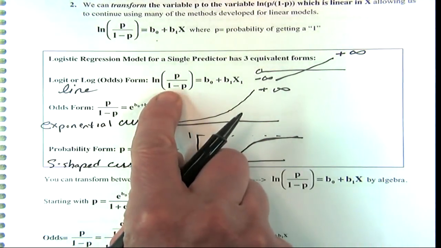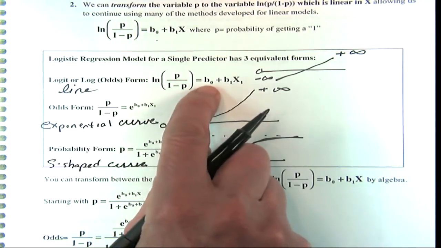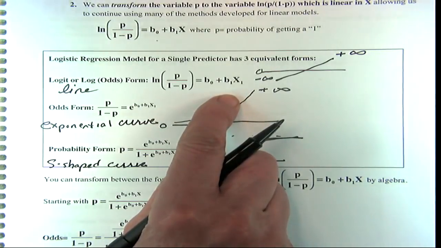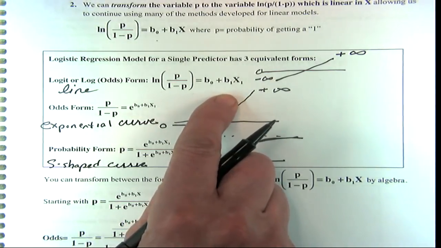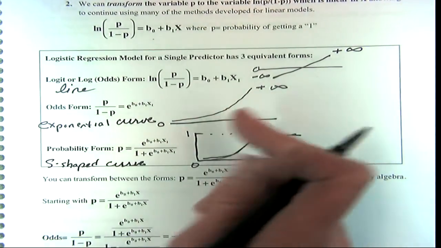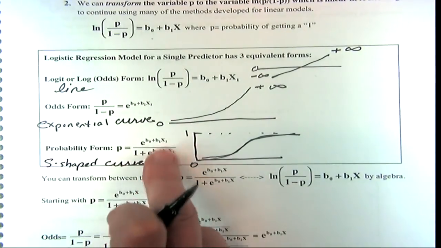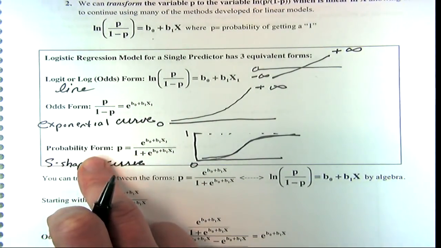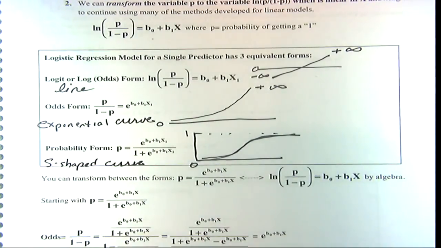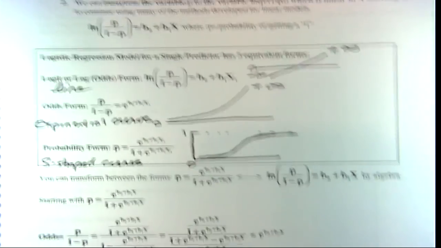So we're going to get estimates for our parameters here using a similar method we do for linear regression. And then we're going to work back and forth between these forms and use those to get a good predictive equation for the probability. And build confidence intervals and do the whole shebang that we've been doing. All right? So that's pretty much the idea.